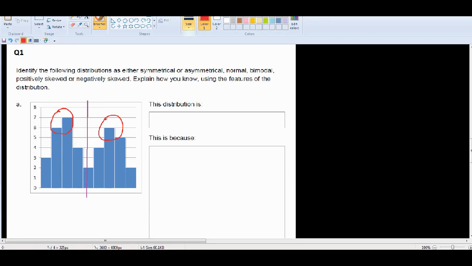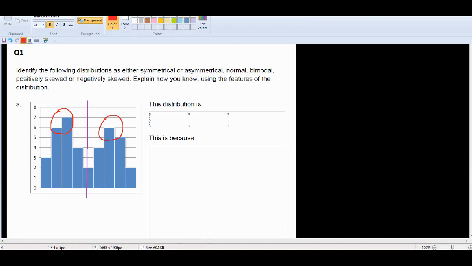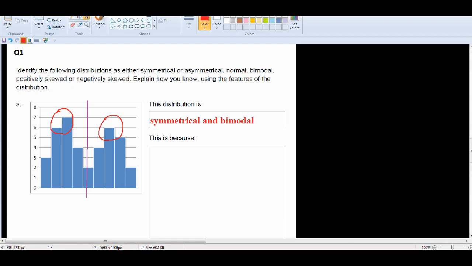So let's say the distribution is symmetrical and not normal, bimodal, right? Okay, let's say spelling, right?